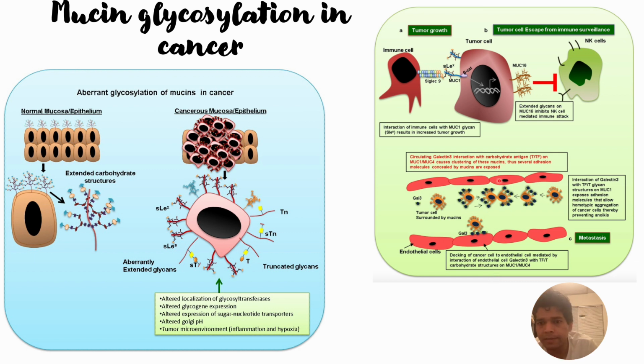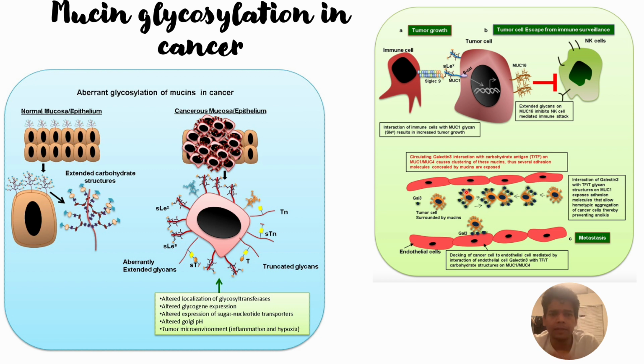And this process is commonly known as metastasis. And the aberrant glycosylation, that is the Tn and STn structures on which galectin 3 binds, is usually related to the Tn and STn structures on MUC1 that is expressed on the tumor cell surface.